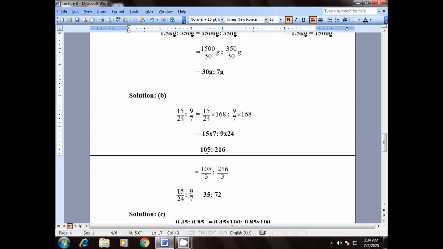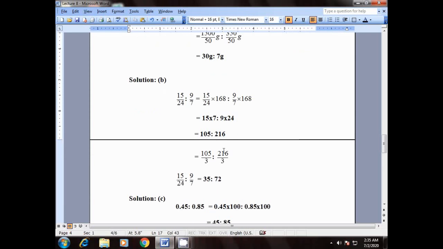Now, first quantity 105 and the second quantity 216. Both are the multiples of 3. So let's divide these two quantities by 3. So the simplest form of the given ratio will be 3 times 3, 9, and then 3 times 5, 15.